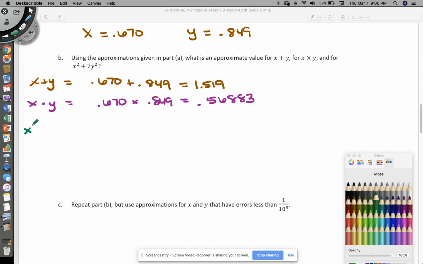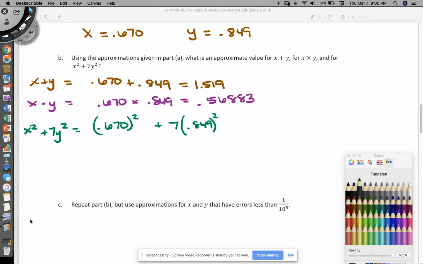And what if we had x squared plus 7 times y to the second power? This is going to be 0.670 and I'm going to square that, plus 7 times 0.849, and I'm going to square that.